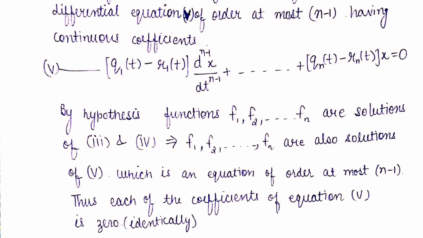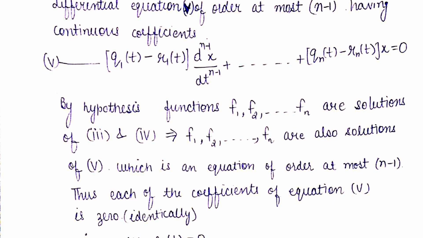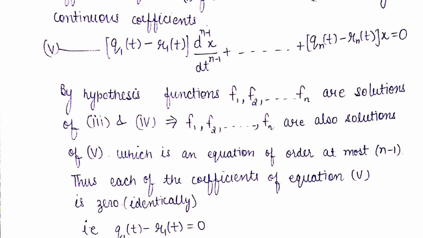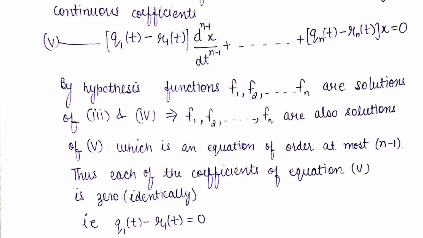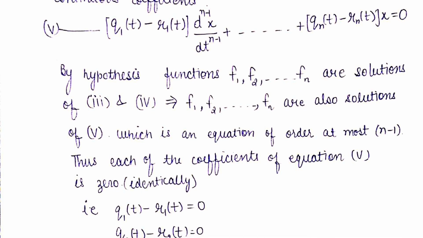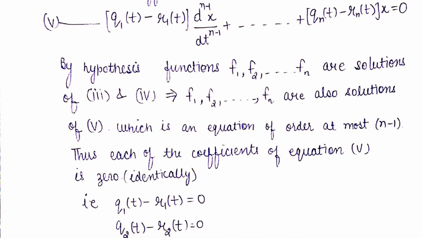Now by the hypothesis, functions f1, f2, fn are solutions of 3 and 4, and this implies f1, f2, fn are also solutions of 5, which is an equation of order at most n minus 1.